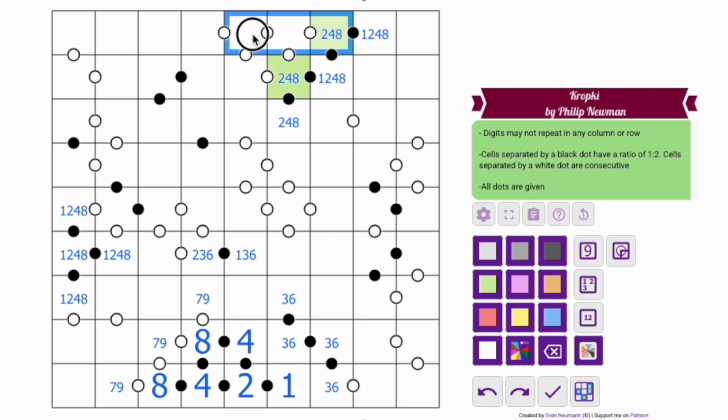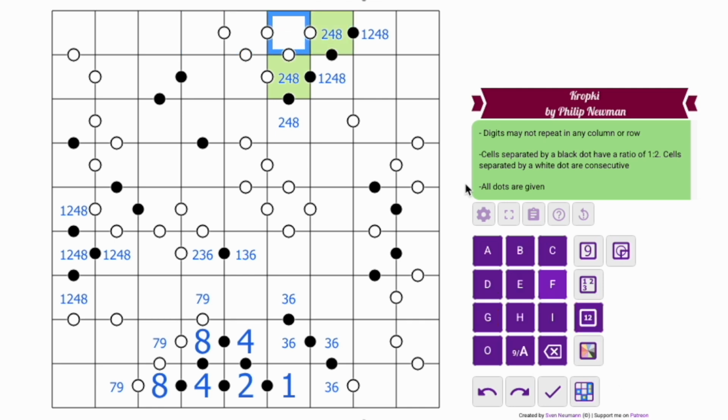Now let's look at this big run of white Kropki. If this is a 2, we would have to go 3, 4, 5. But there's a 4 in this column already. So this is not a 2. If this is a 4, we could go 3, 2, 1.